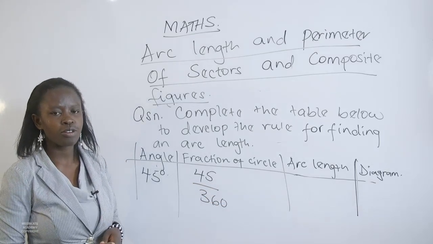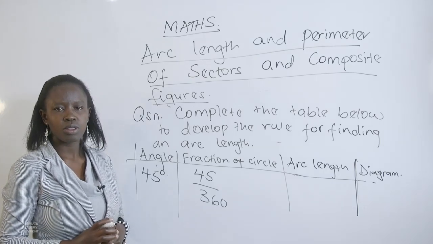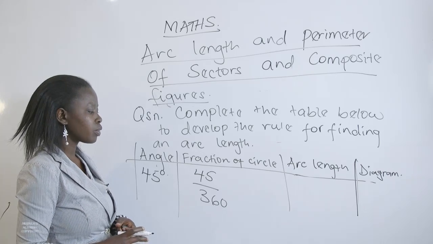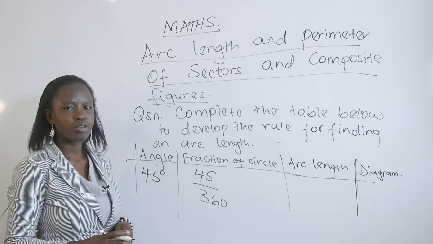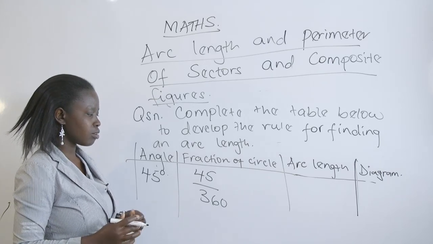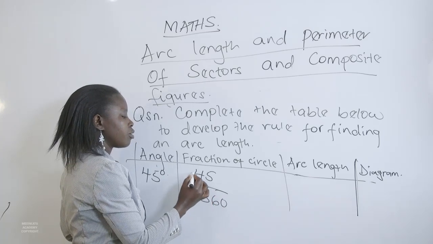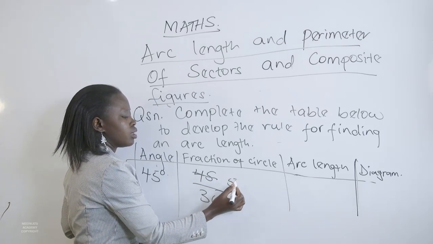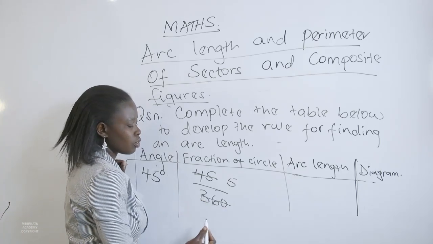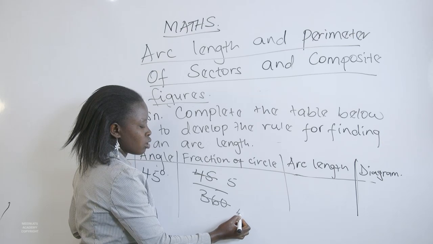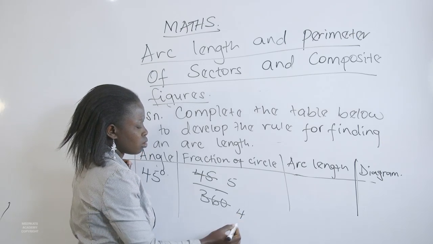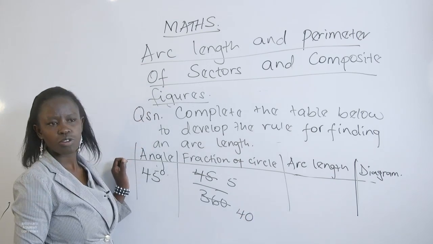That is 45 out of 360, and we can try and simplify. 9 into 45 is 5, and 9 into 360 is 40.